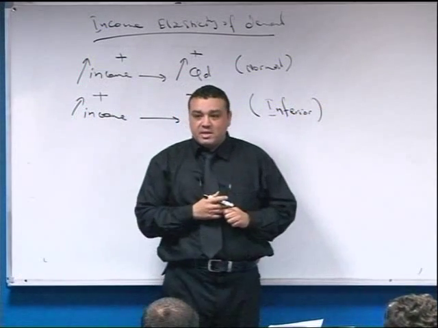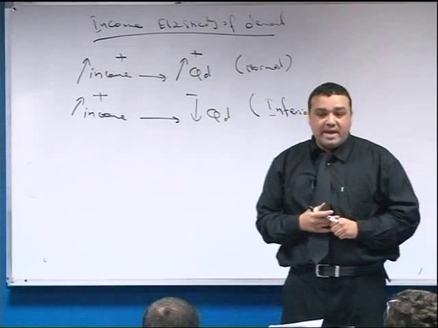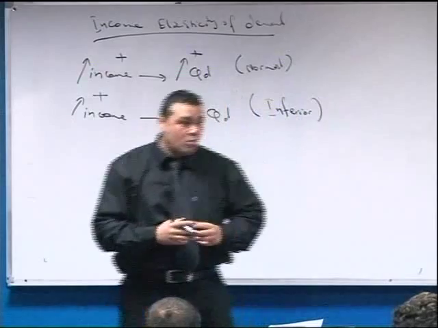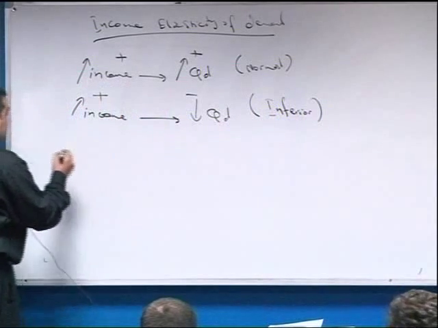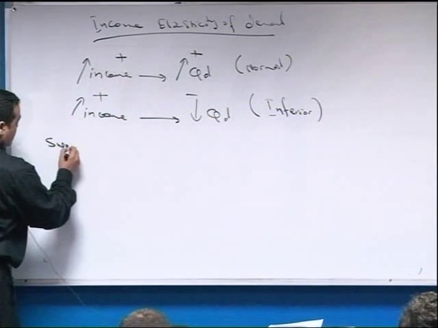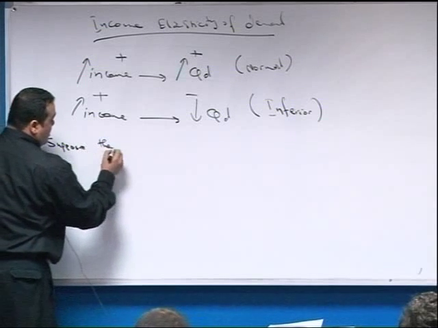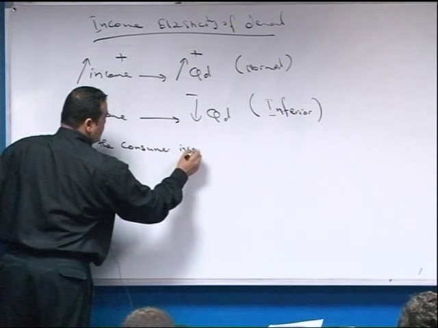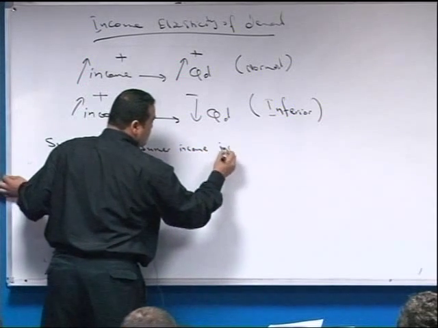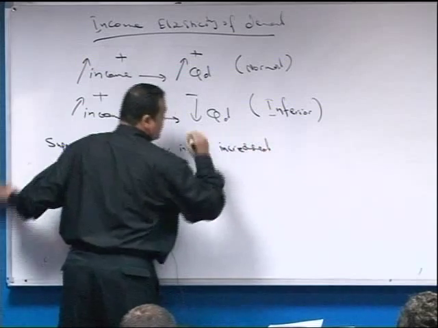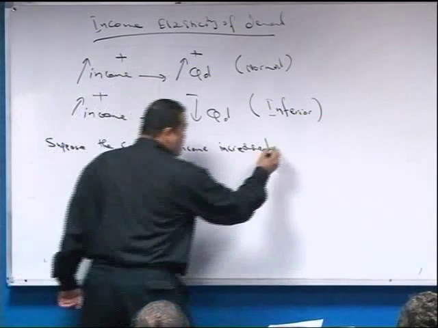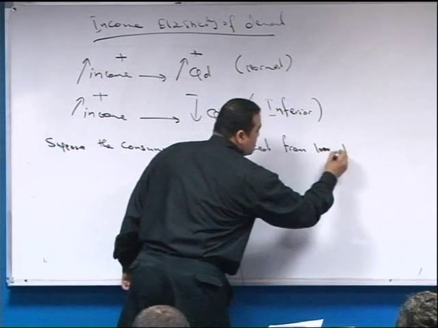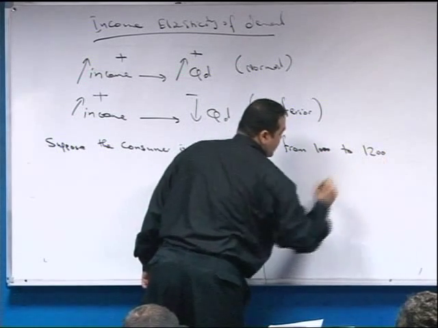So let's take a mathematical exercise to explain the relationship between the consumer's income and the quantity demanded for the product. Suppose the consumer income increased from 1,000 shekels to 1,200 shekels a month.